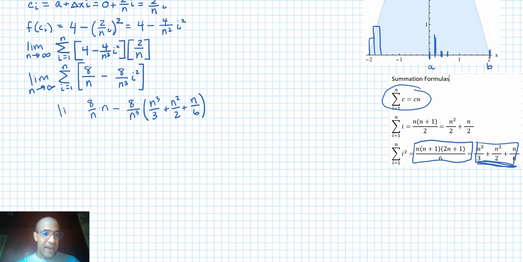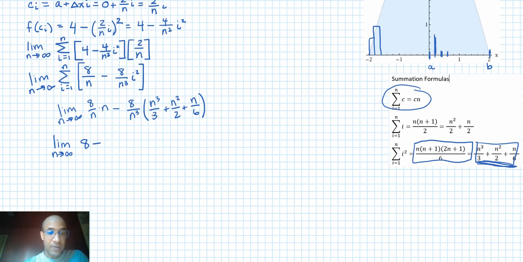So now I'm just going to write out here the limit as n approaches infinity. Okay? Great. We're getting there. We're really close. I'm just going to simplify the inside of this and then do the limit as n goes to infinity. Of course, 8 over n times n is just 8 minus, I'm just distributing here, right? I'm going to distribute this negative 8 over n cubed.